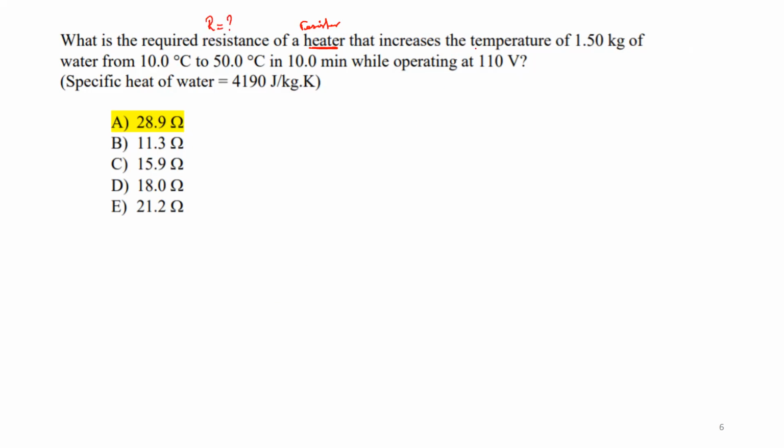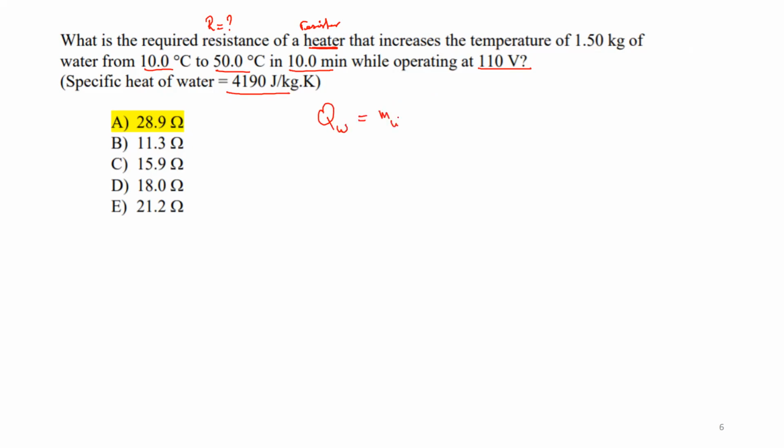That increases the temperature of 1.5 kilogram of water from 10 to 50 degrees Celsius in 10 minutes while operating at 110 volt. I give you the specific heat of water, which is this. So it's a heater. What is the quantity of heat absorbed by water?